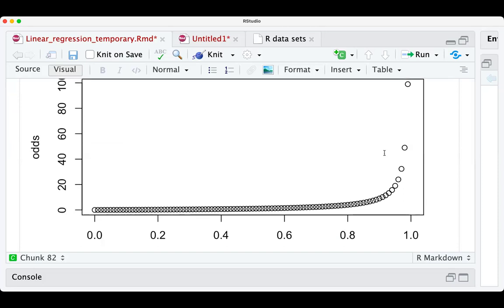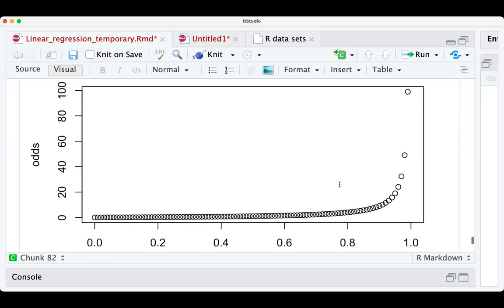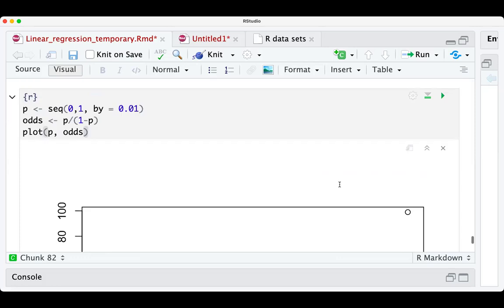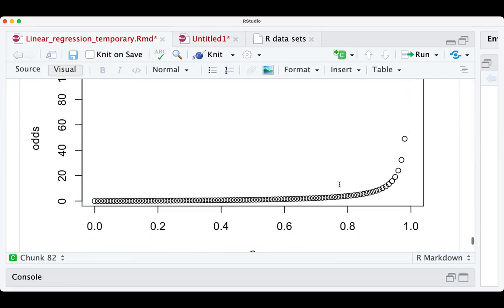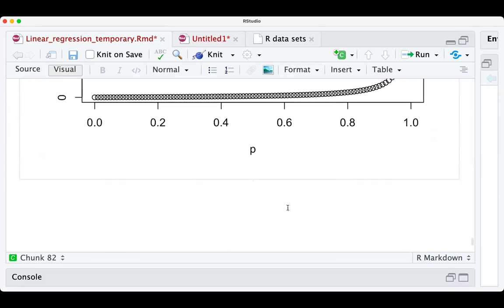Okay, so you see, when p is almost 1, this thing explodes to plus infinity. And when p is equal to 0, this thing is 0. So the odds live in 0 to plus infinity.